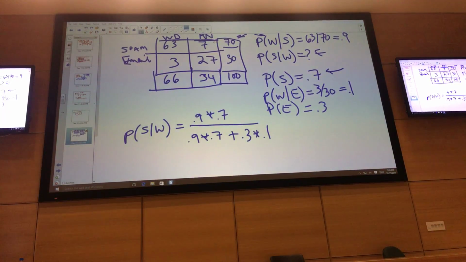Okay, so these are all the possible wingdings outcomes, the spam and the non-spam. That has to be the base. You do all that math and you get 0.63 over 0.66, which is equal to 0.955, which is the same thing as this divided by this. Right? So you can see it in the table, 0.63 divided by 0.66.